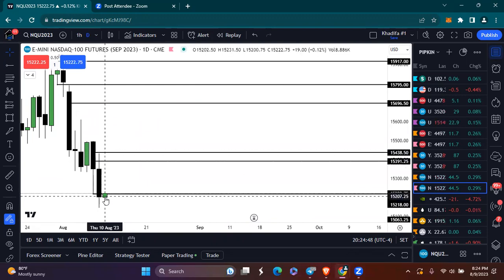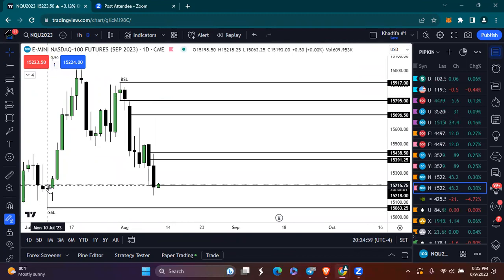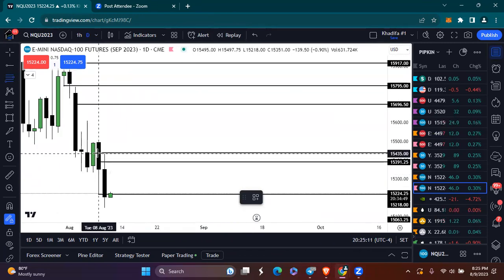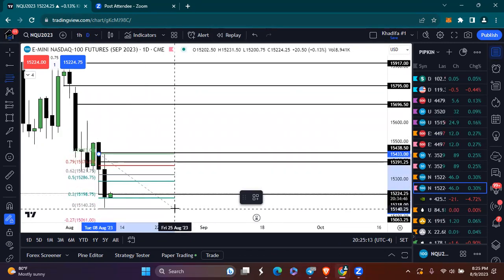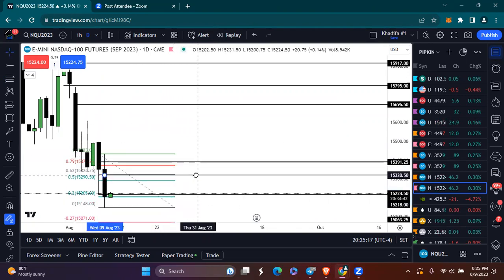Price reached up into yesterday's PD array beautifully and gave us a beautiful sell off today down into this daily fair value gap if you were paying attention to your technicals. So let me mark today's range.